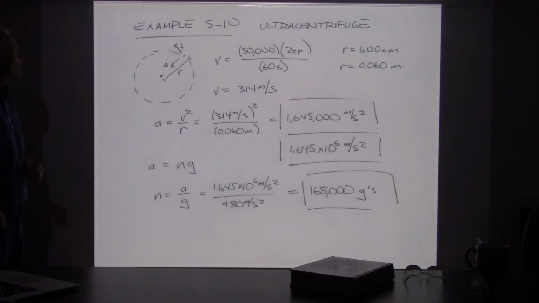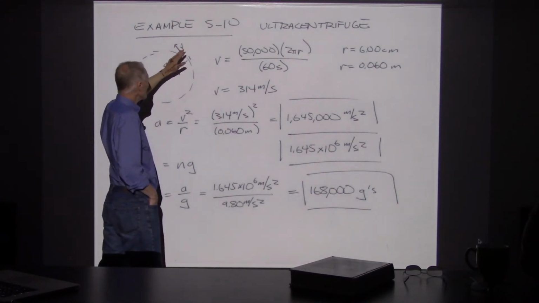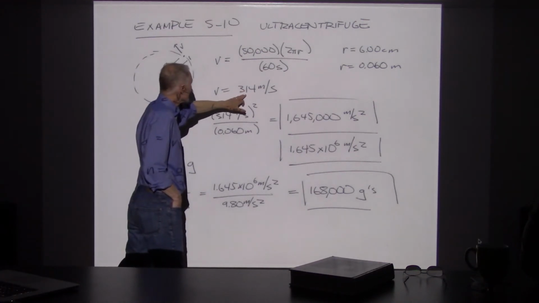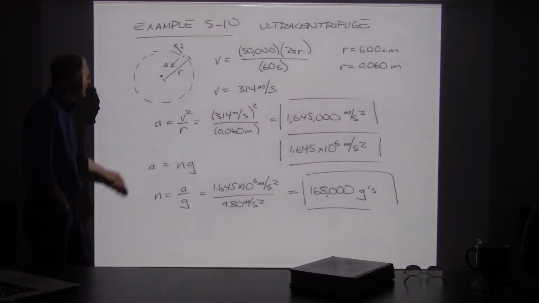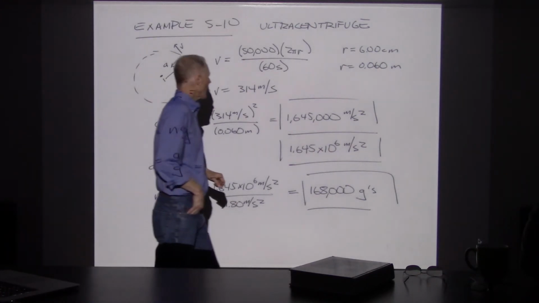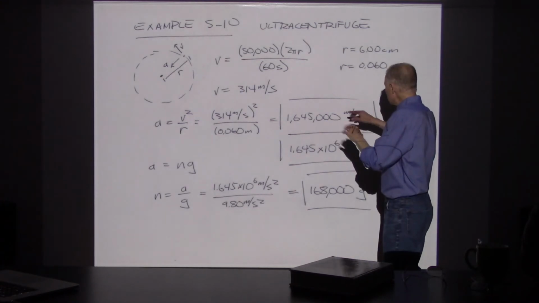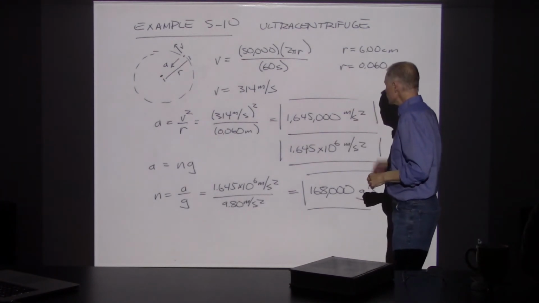And the r value here is 0.060 meters. So it was a 6 centimeter distance from the center. We're measuring from the center out to this one location. That gives us a speed of 314. Plugging that into our acceleration formula, wow, this came out to be 1.6 million meters per second squared.